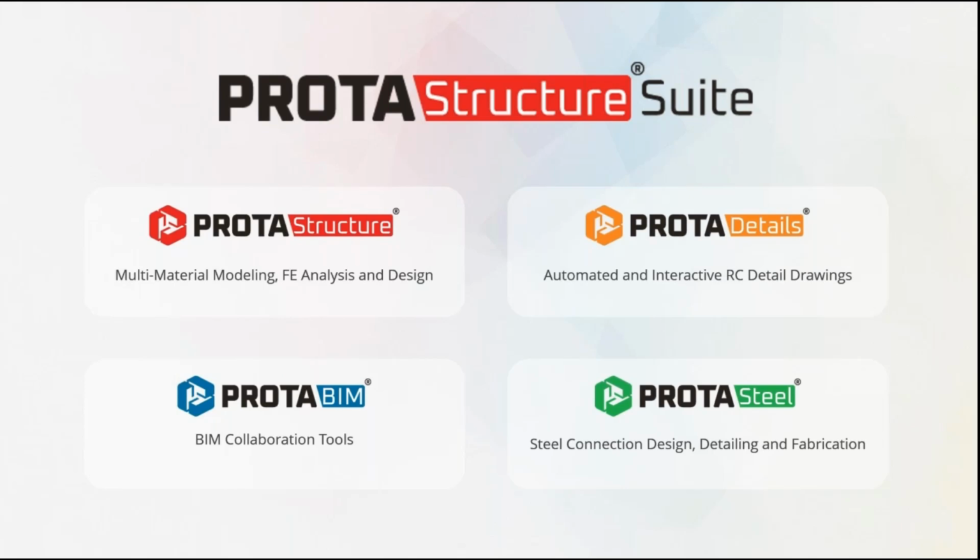If you have steel members, you can add your connections, obtain reports, or get the fabrication details in ProtaSteel. Of course, you can share your model with other BIM platforms such as Revit or, for example, Nemetschek Group softwares via SAF format, or you can use the IFC.